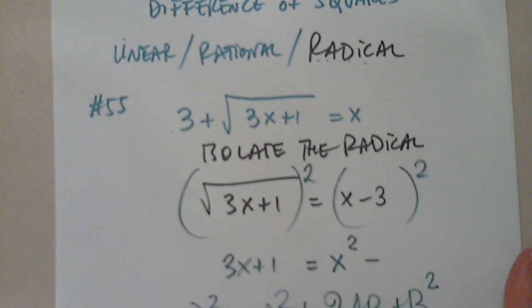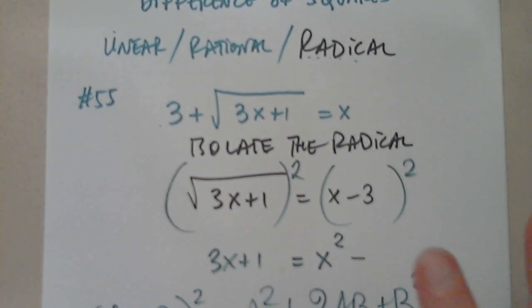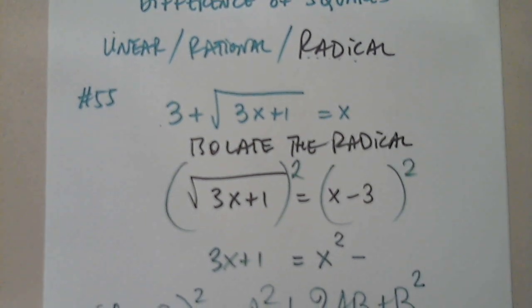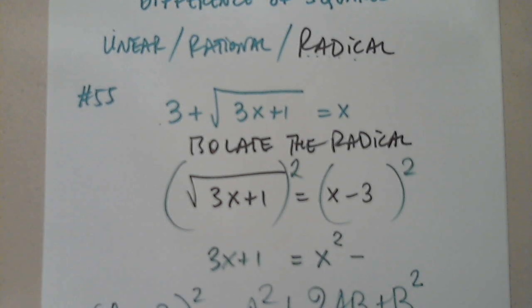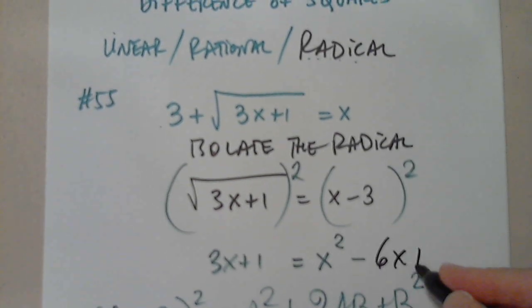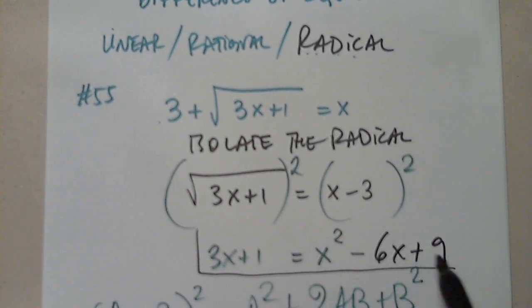So, minus 2 times the first times the second plus the second term squared. How do I write this? X squared minus 6x plus 9. Excellent. Good. So here we are.